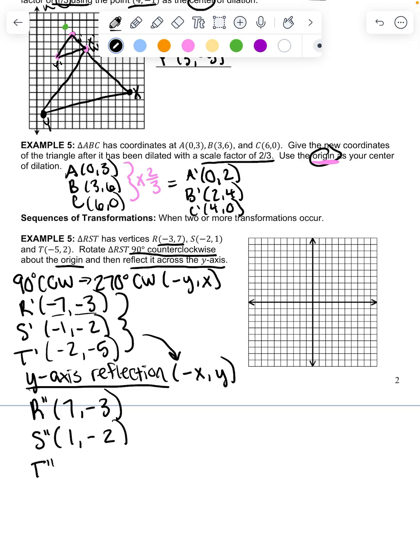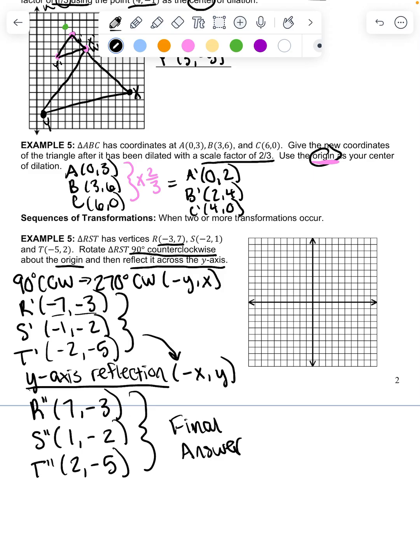And then T double prime, sorry if I said S prime, I meant double prime. T double prime is going to be at 2, -5. All right, so this is going to be your final answer. That's what you get after you apply both of those transformations, okay?